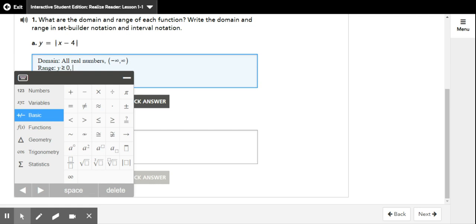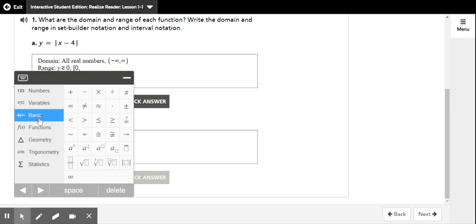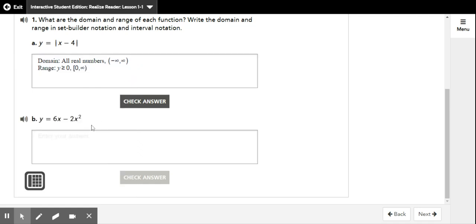And then for set builder notation, I'm going to hit the bracket because it includes 0. And then type in 0, comma. And then on the right side, it's infinity. And then close it off with parentheses. Okay.